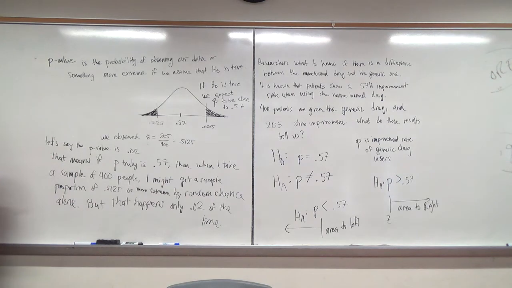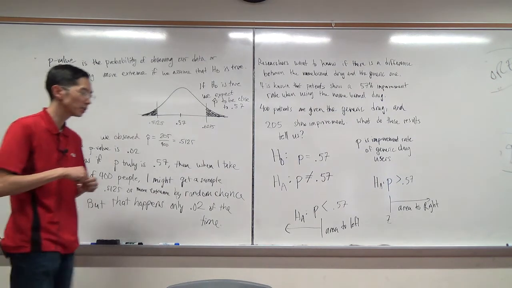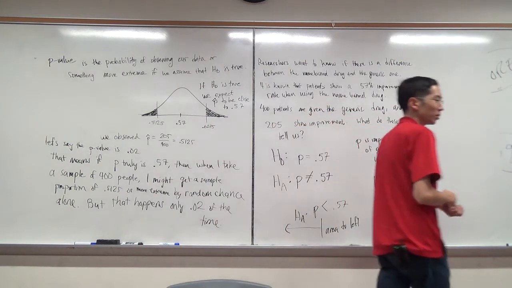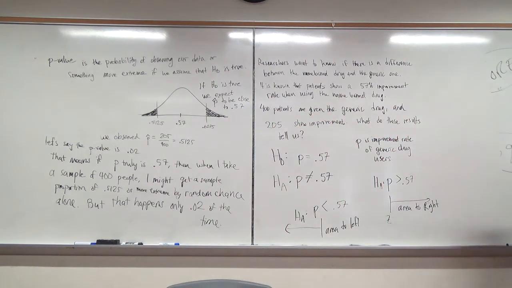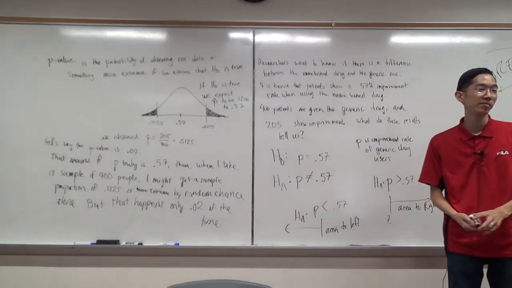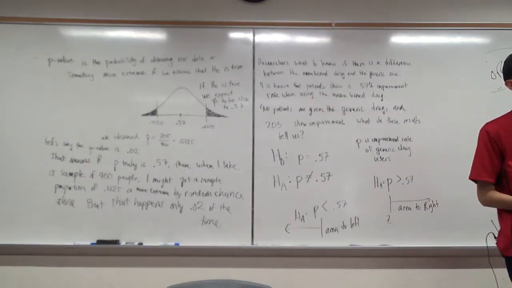So we're faced with a choice. Do we say, well, maybe I was one of the lucky 2%? Or do we say, I'm probably not one of the lucky 2%, and probably my initial assumption is wrong? We have to make that choice.